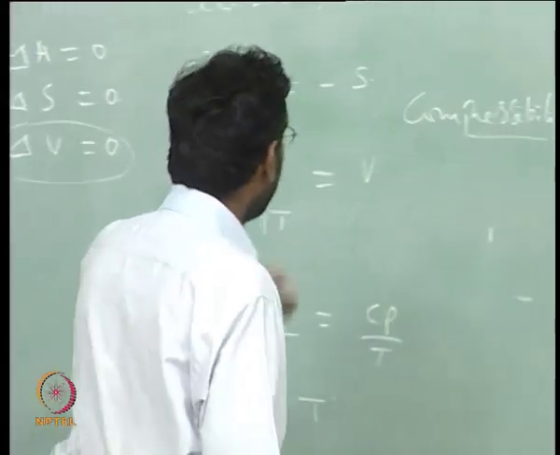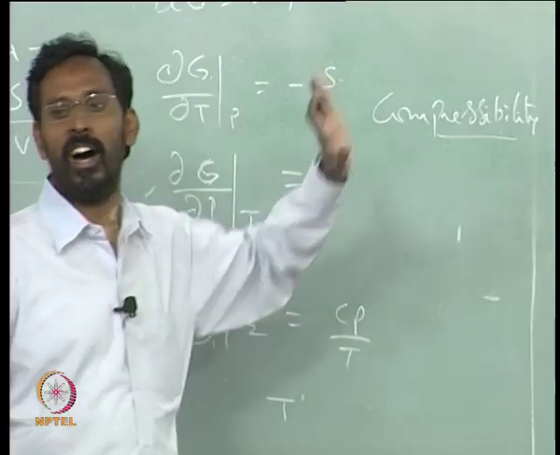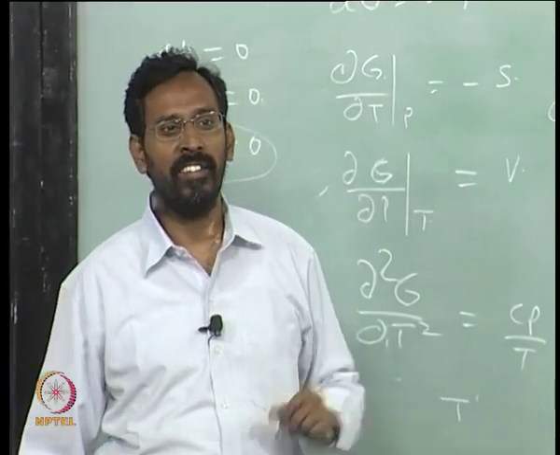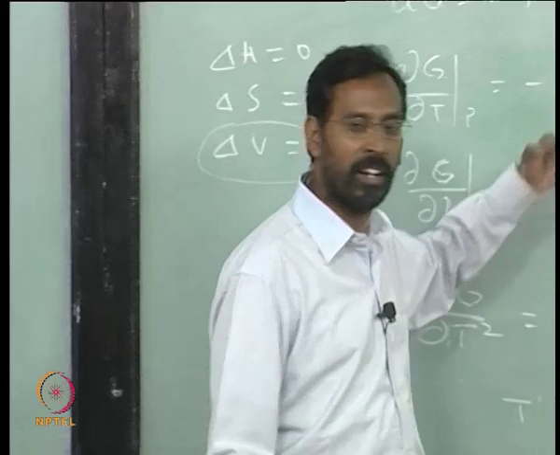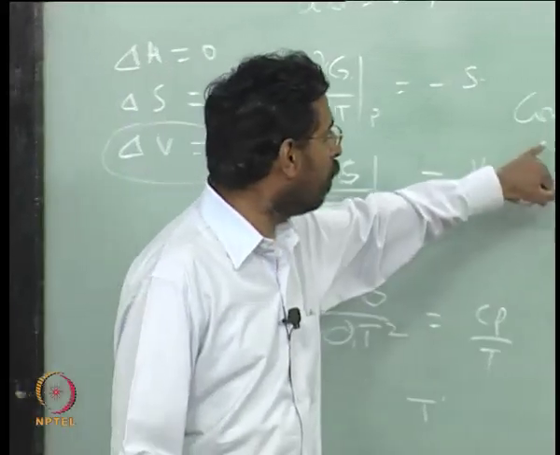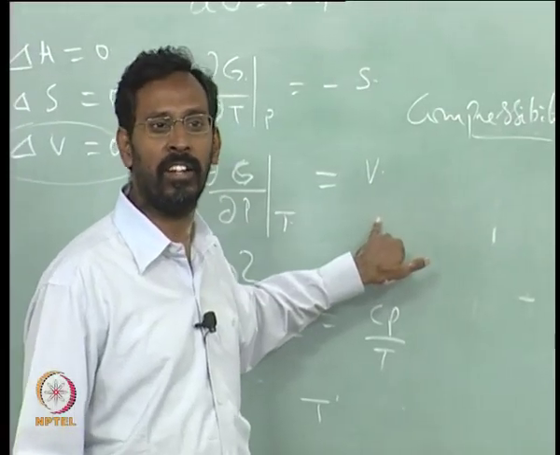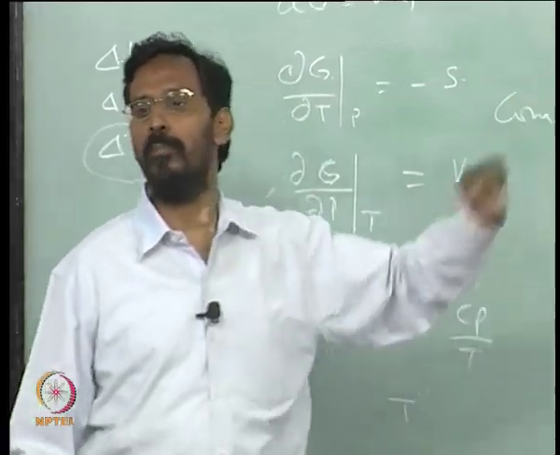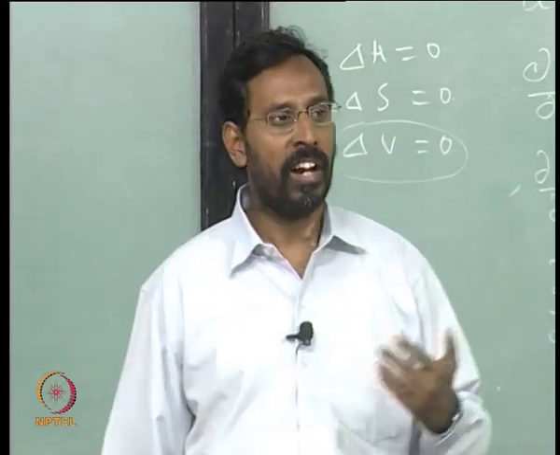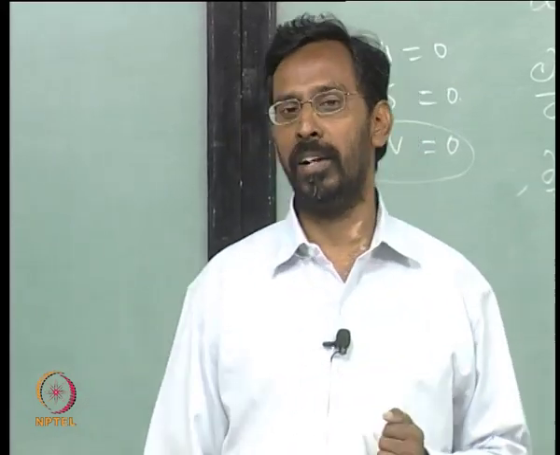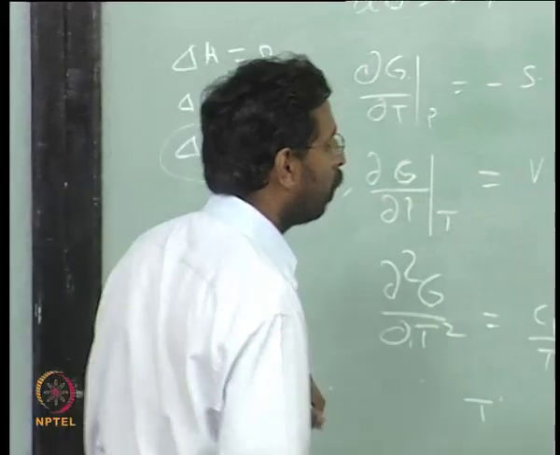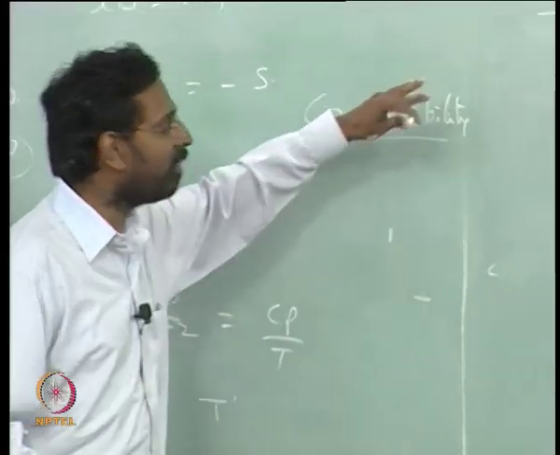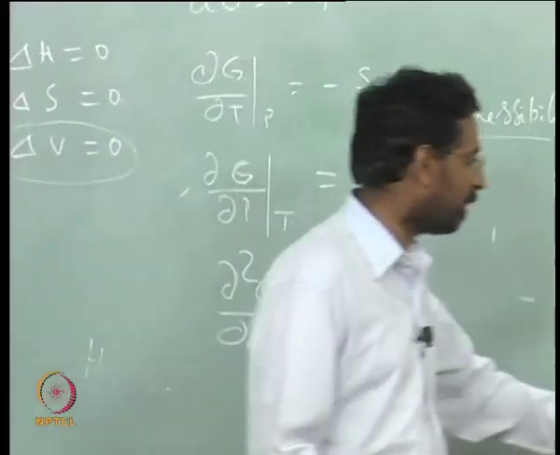So dV by dP is very large for the gases, a smaller quantity for liquids, and much smaller for solids. So wherever there is a second order transition, if you look at the compressibility values, you will see a discontinuity in the compressibility. That is how we can talk about a second order transition. So glass transition is one such second order transition.